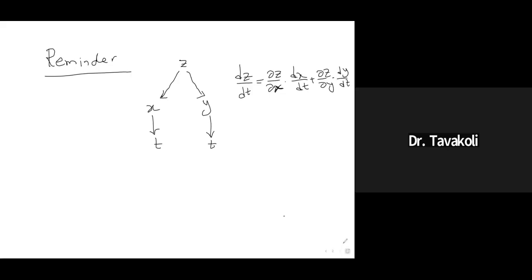Okay, here in this lesson, we go a little bit further, and suppose z is a function of x and y, and x and y are not just functions of t, they are functions of two variables, s and t.